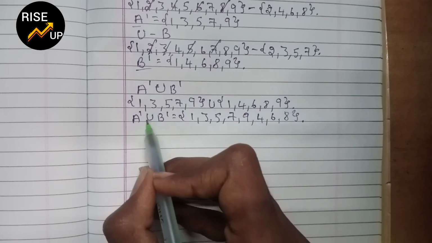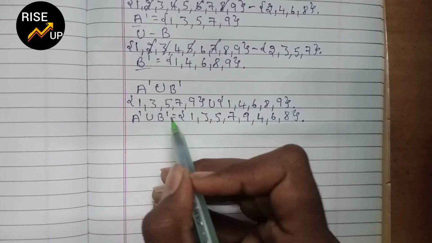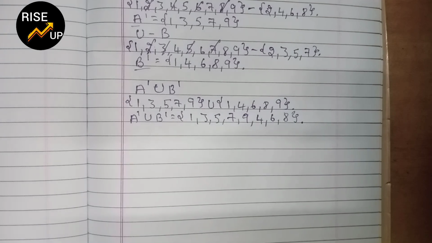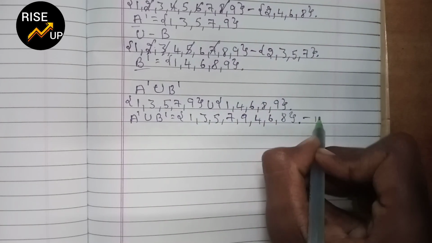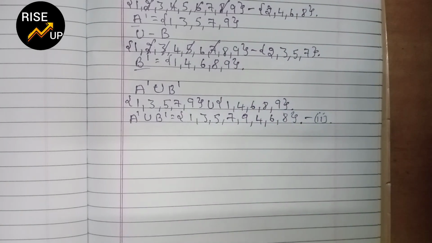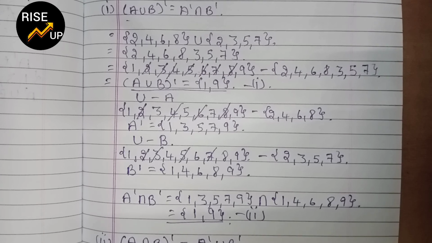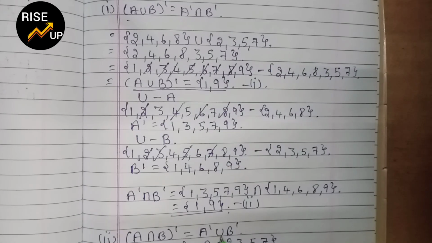This is your answer for A complement union B complement, which is the second equation. If you compare equations 1 and 2, you can easily say that both are equal. Therefore, the left hand side as well as the right hand side are equal. Hence, the second sub question is verified and it is true also.